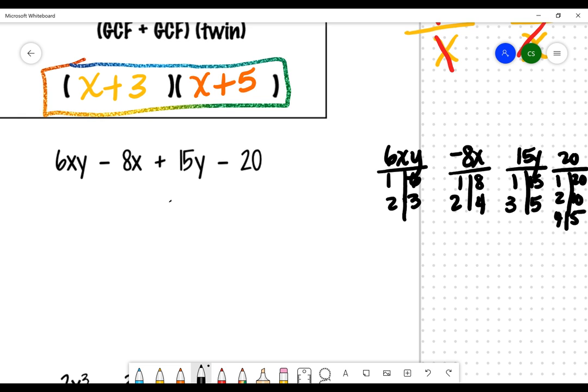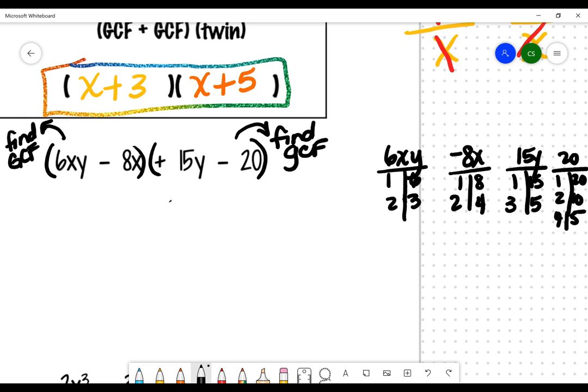Do they all share a number that is common for all? No, they don't all share a variable either. So I can group my 4-term polynomial into 2 binomials. And I can find the GCF of my first set, and I can find the GCF of my second set.